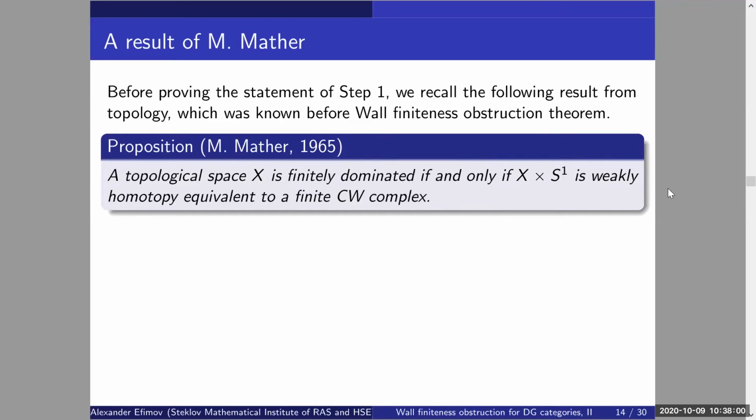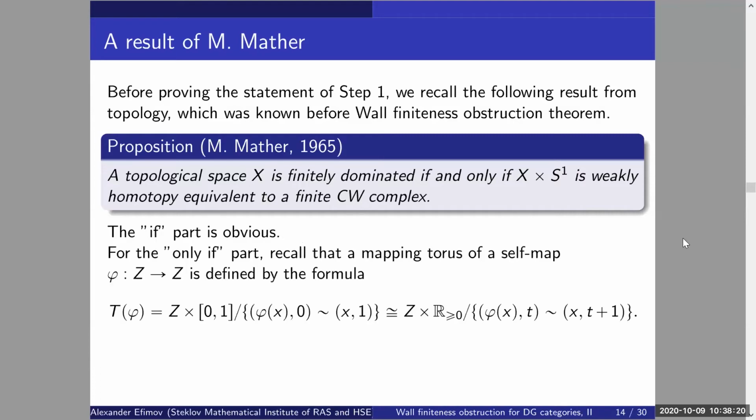So I will briefly explain how this is proved. Quite an easy proof. The if part here is obvious because X is a retract of X cross S1. So if X cross S1 is a finite CW complex, then X is finitely dominated. Now the only if part is more interesting.